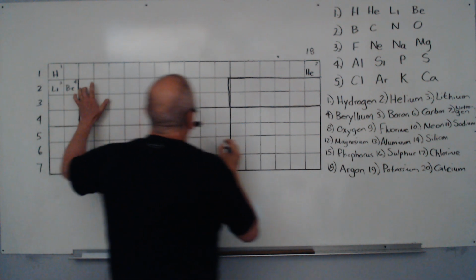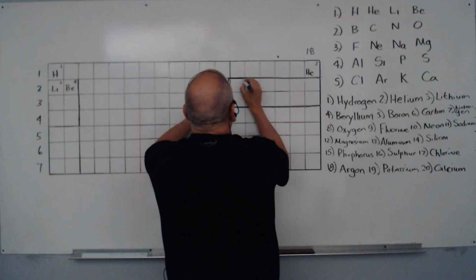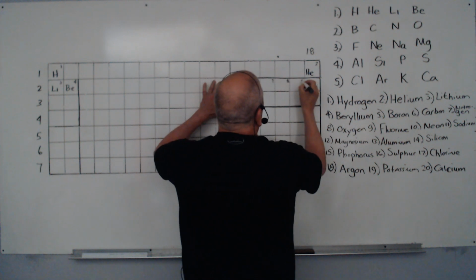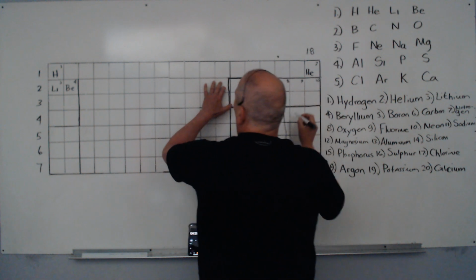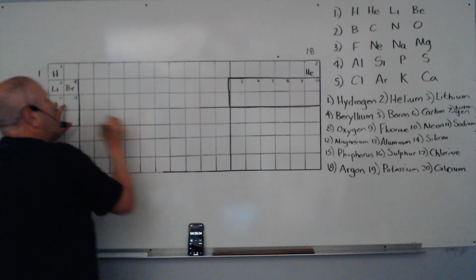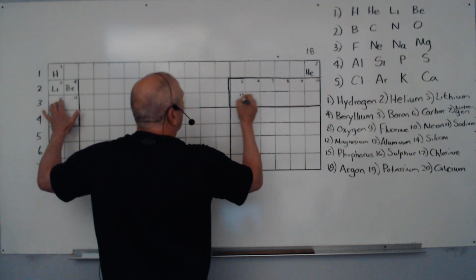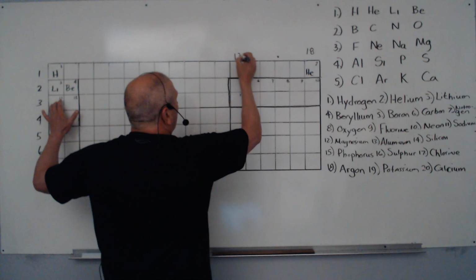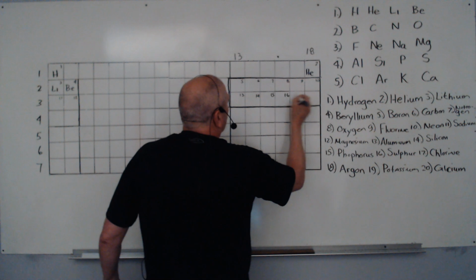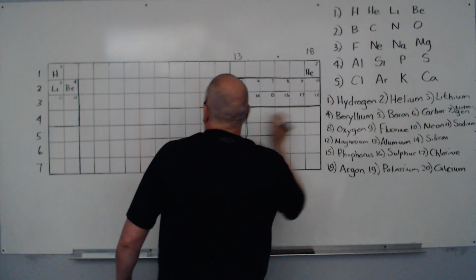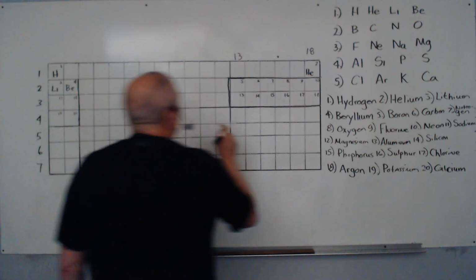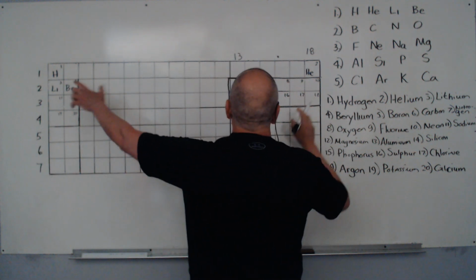And we come all the way over here to 5, 6, 7, 8, 9, 10, 11, 12, 13. Now you'll notice this is also in row 13. That's helpful. 14, 15, 16, 17, 18, and then 19 and 20. There we go. So now the chart will help us.